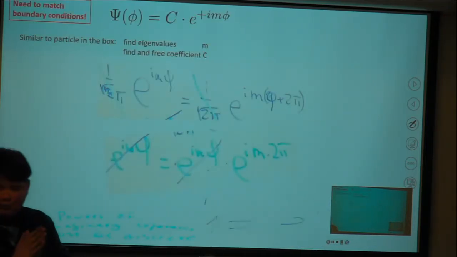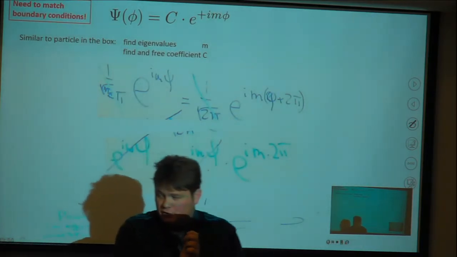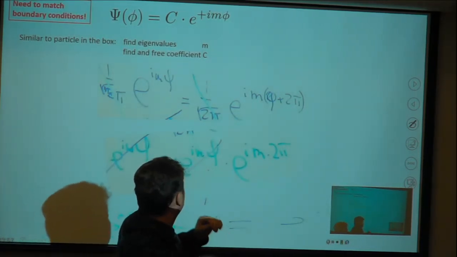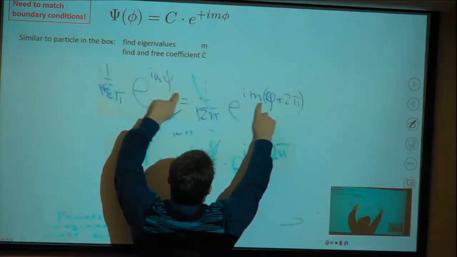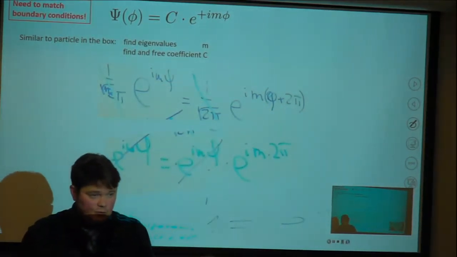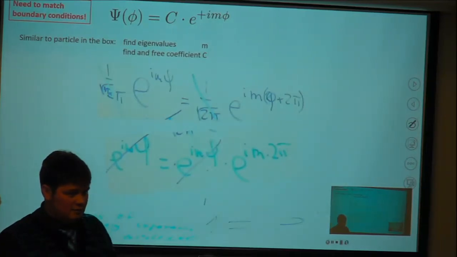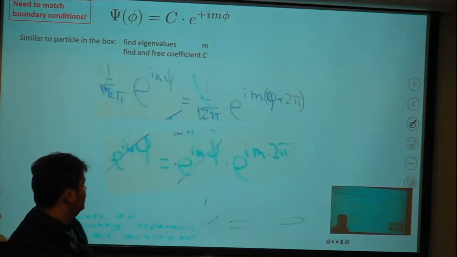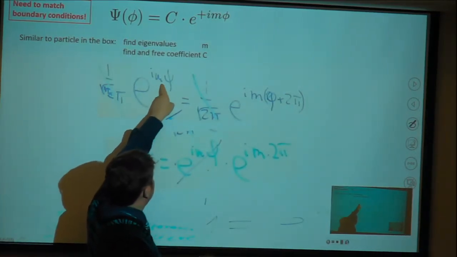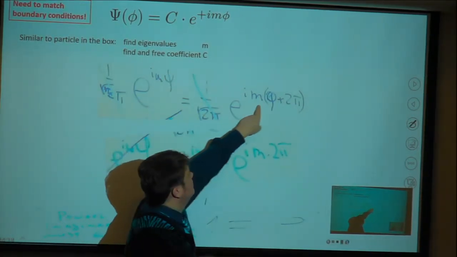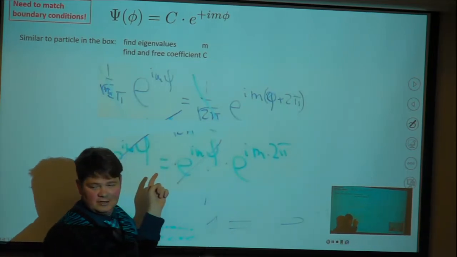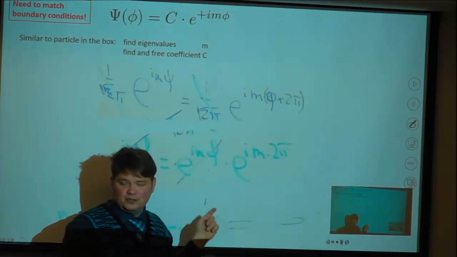So how do we practice it? Well, we just plug phi and phi plus 2 pi into our fundamental formula of the solution, right? What is next? Then e to the i m phi is cancelled on the left and right, and we have an equation.